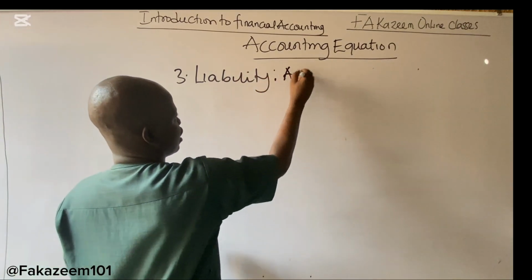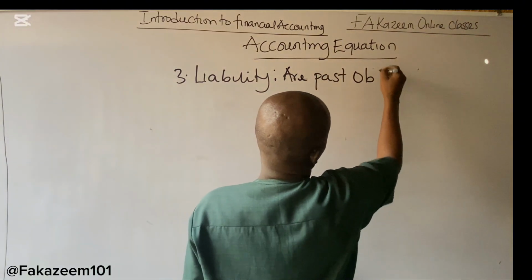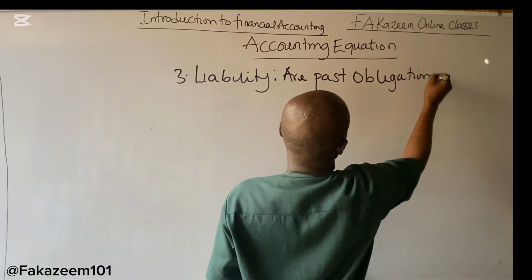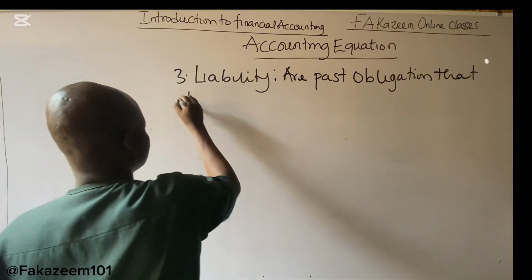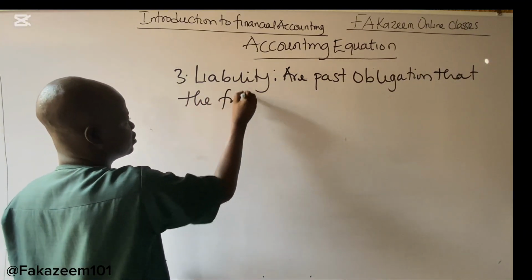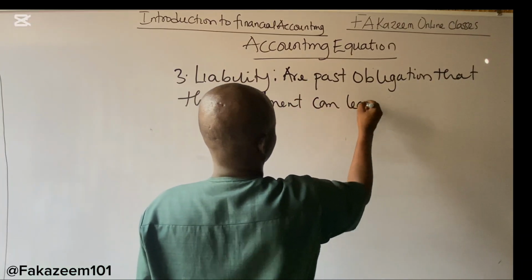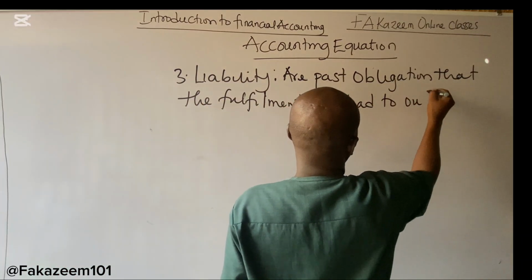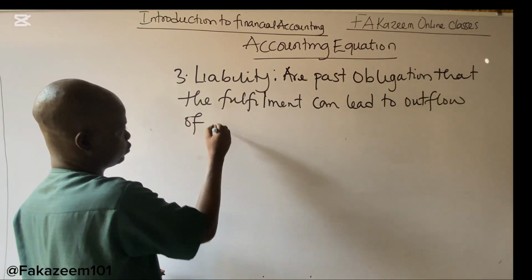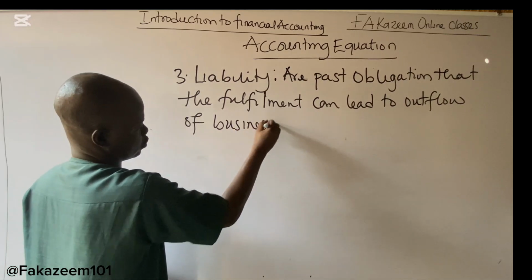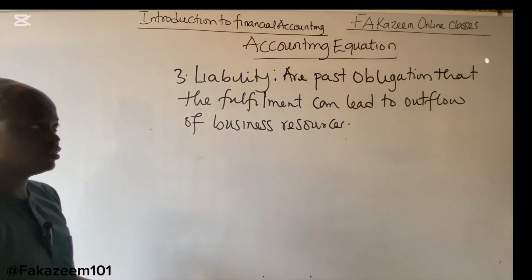Liability are past obligation that the fulfillment can lead to outflow of business resources. What do we mean by this?